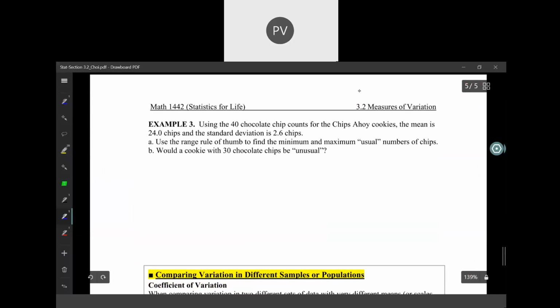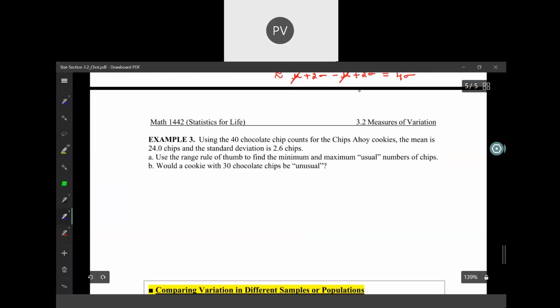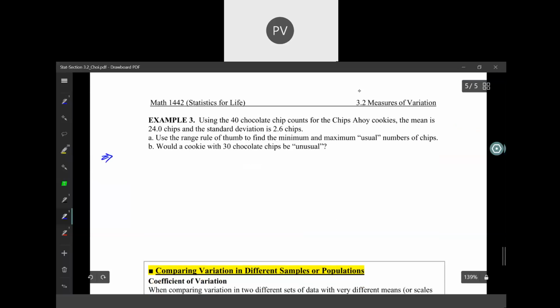Okay. So we learned about the range rule of thumb. Now let's do one example on that. So we have mean, which is x bar, given as 24. Standard deviation s is equal to 2.6. Now first we calculate the minimum and maximum usual number of chips.